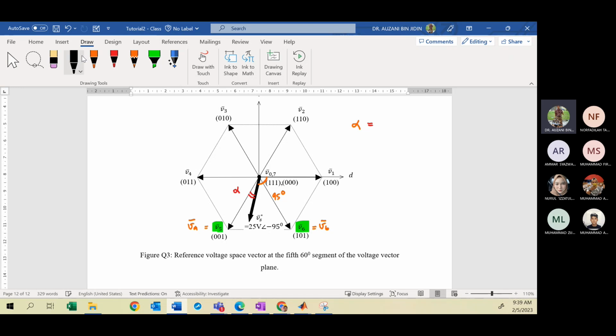The different angle here will be what? 120 degrees, right? 120 degrees. So from here you can simply calculate the alpha. 120 degrees subtract 95, right? So then you get alpha. What is the value of alpha? 25.